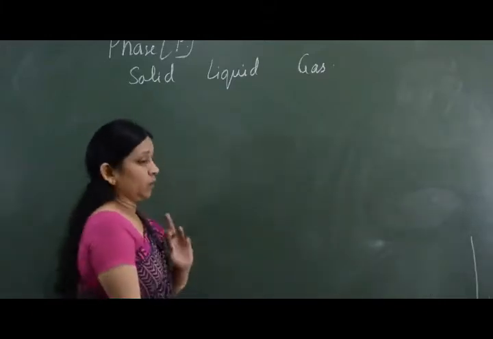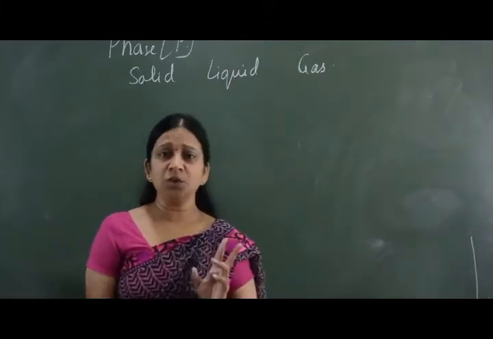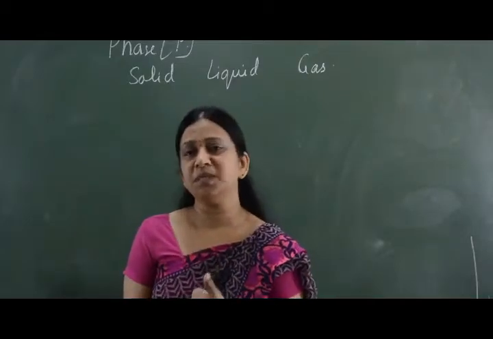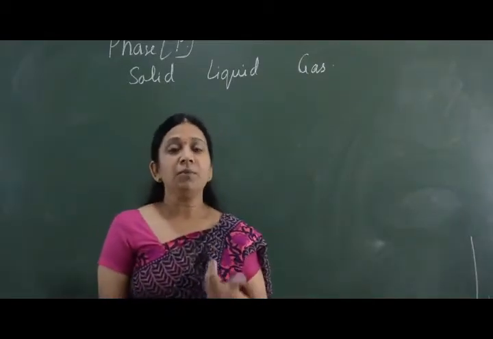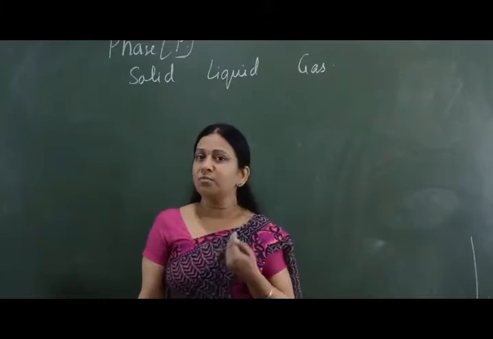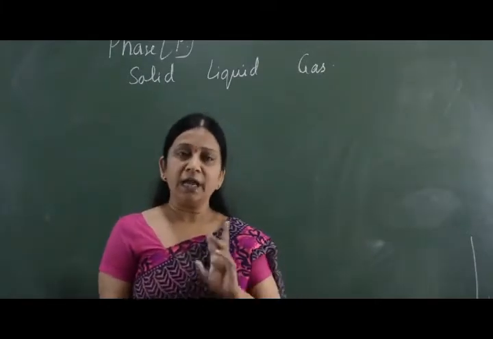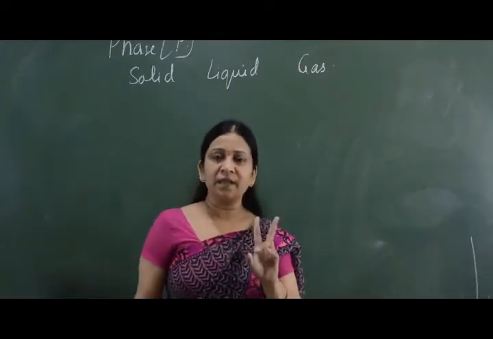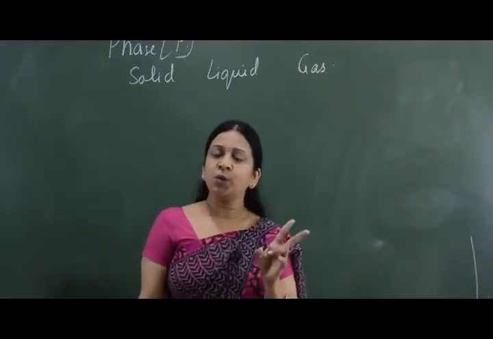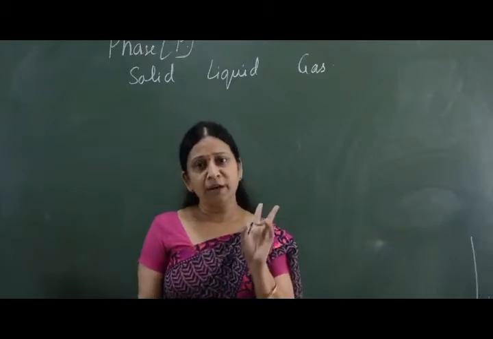Now, we come to liquids. We can have two types of liquids: either the liquids are miscible or the liquids are immiscible. If the liquids are miscible, then it is counted as a single phase, and if we have two liquids and they are immiscible, then the two liquids will be counted as separate phases.